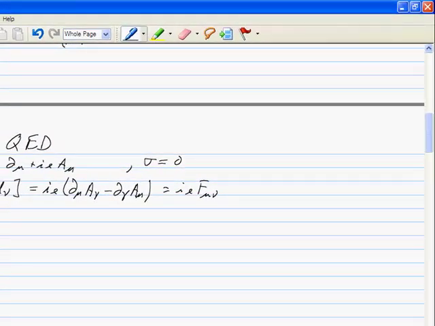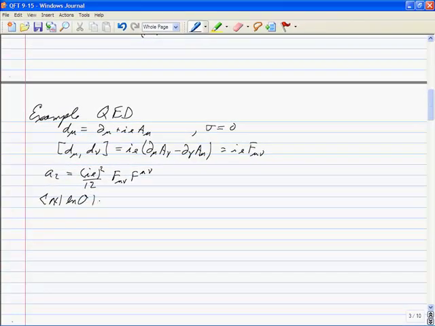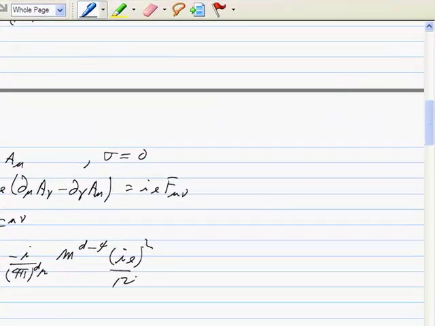So it's i e squared over 12 f mu nu, and this matrix element of log O is then just, with all these factors, minus i over 4 pi to the d over 2, m to the d minus 4, i squared over 12, f mu nu, and there's a gamma of 2 minus d over 2.